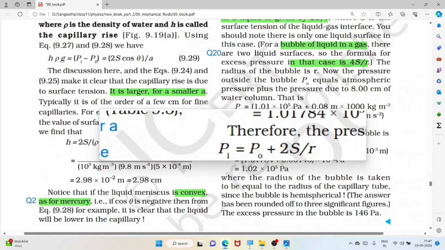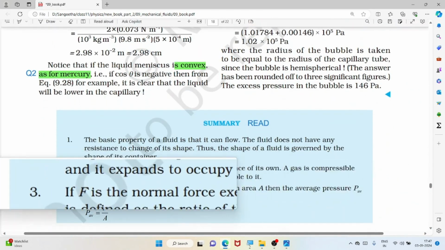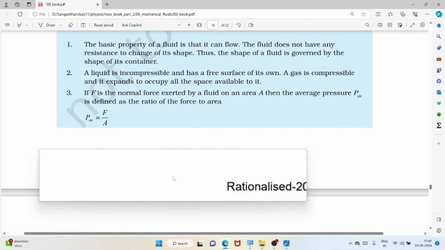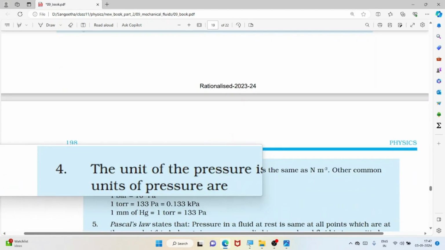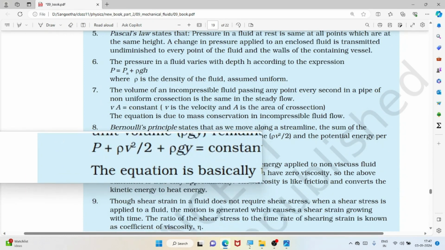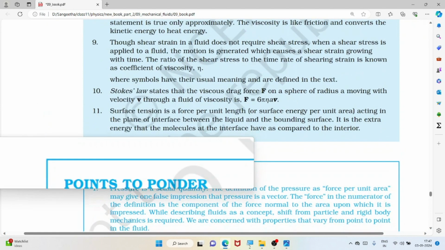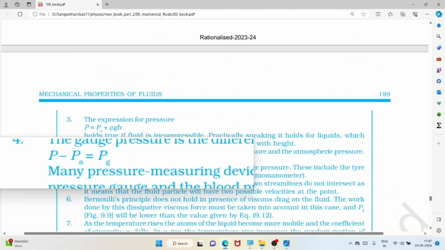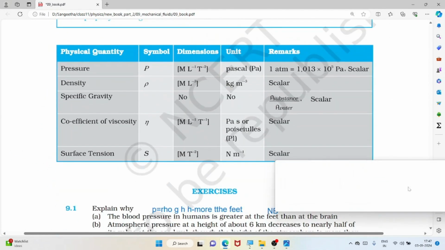Excess pressure. The summary you can read. Pressure equals force by area. These things we have already seen, but you can go through them again. These are the dimensions.